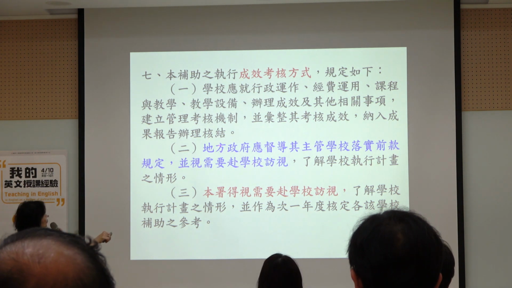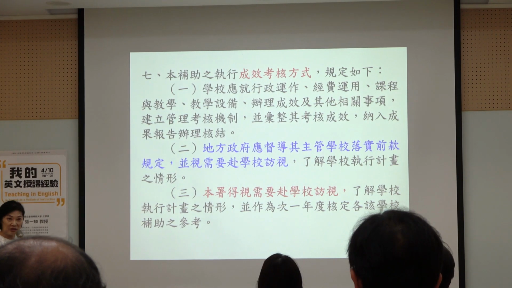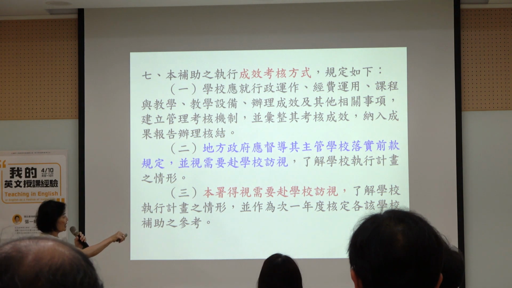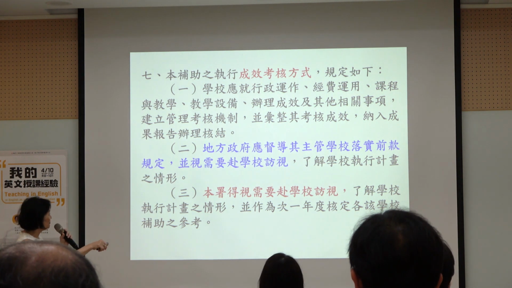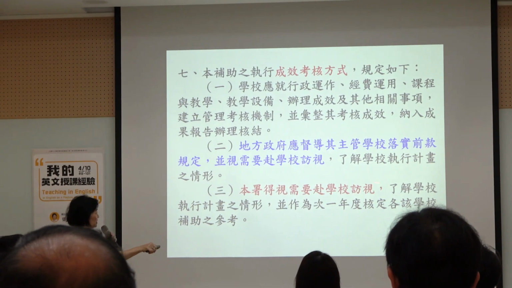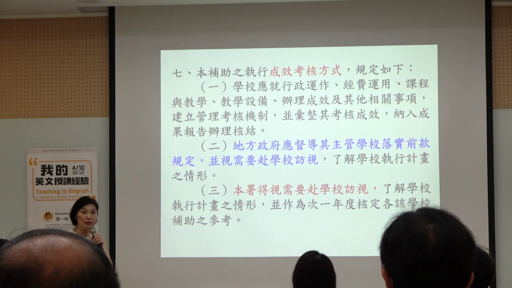For the evaluation, the local government can see if it's necessary. They should go to the school to see how they work. And this is the 国教署, the K-12 educational administrative office. They have to go to the school to evaluate.